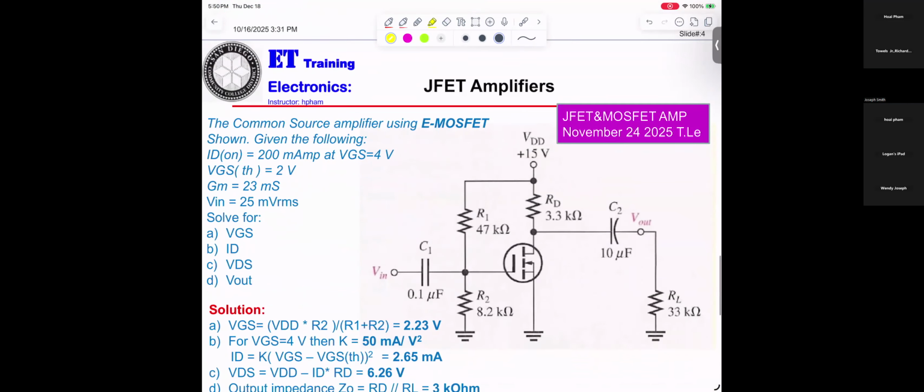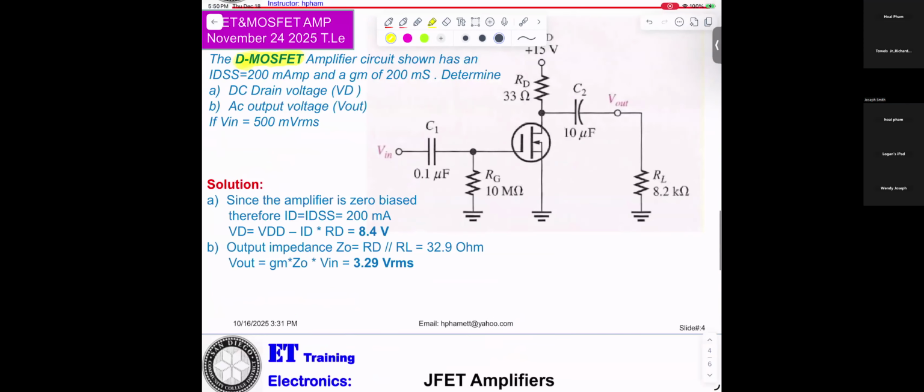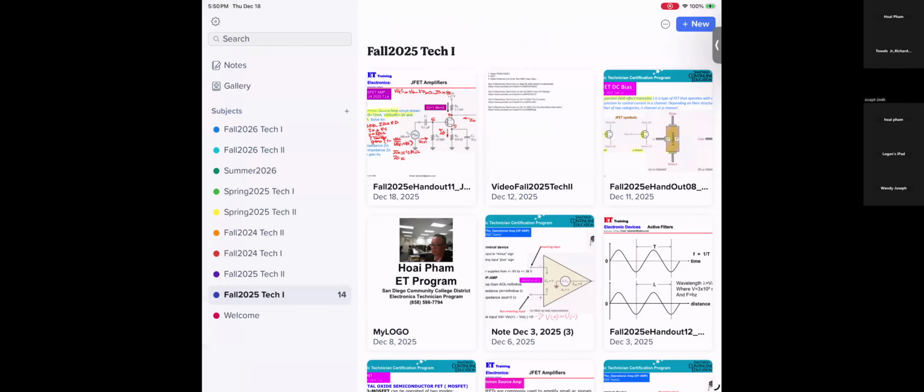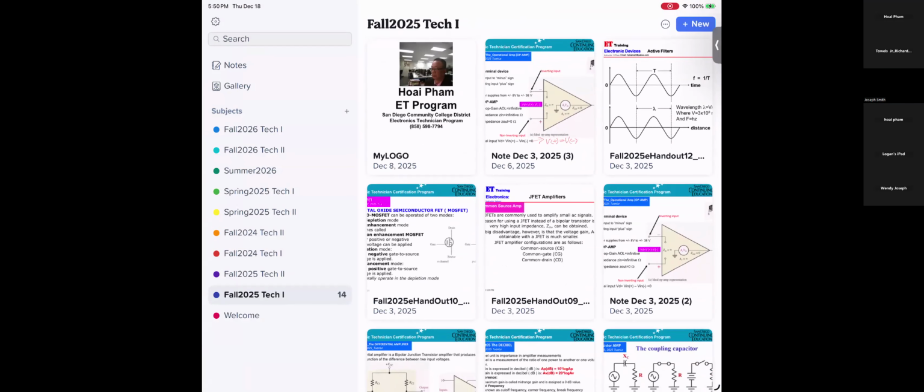MOSFET. Okay, let's see. I can get missing that one. Just a minute.